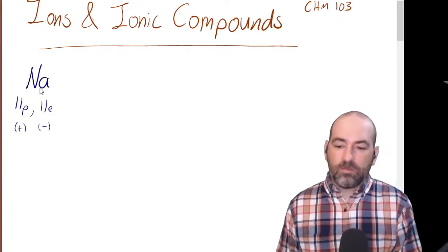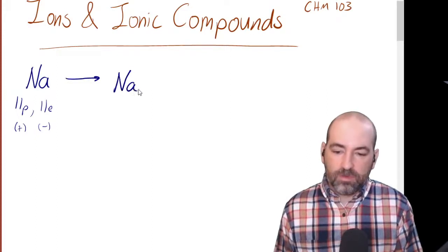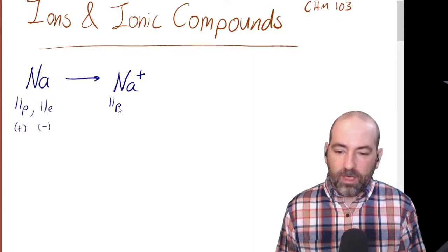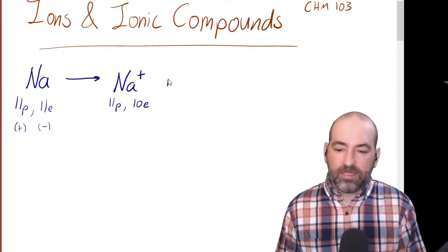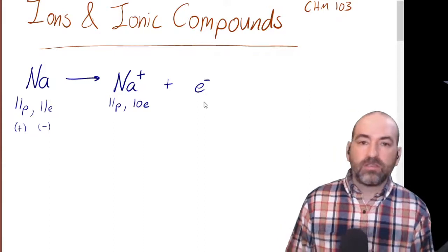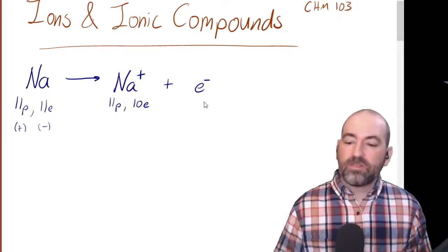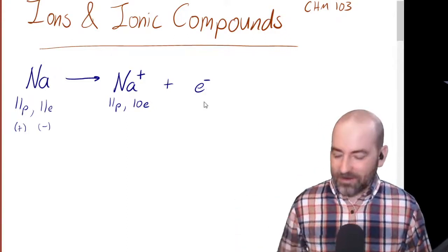Well, one thing that sodium can do is it can lose an electron to become sodium +1. I know we did this before, but just to refresh everybody's memory, we now have 11 protons and 10 electrons, and so there's an extra free electron, which is expressed sometimes as e or e minus, and that's just sort of floating around there. So it's not floating around, it's somewhere else, but it's left the sodium atom.